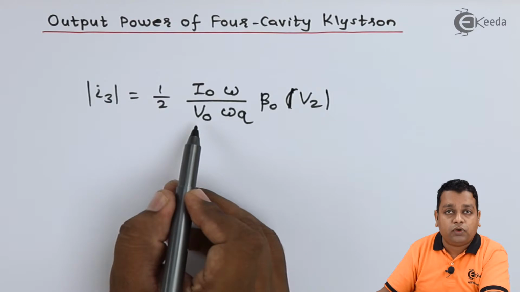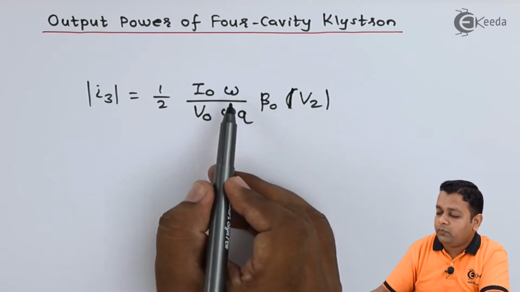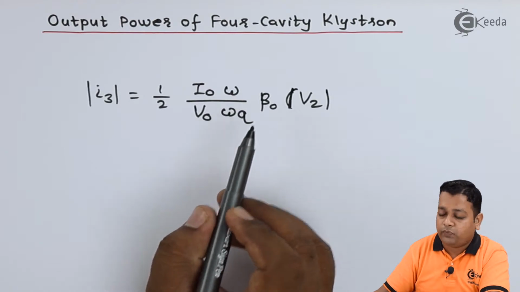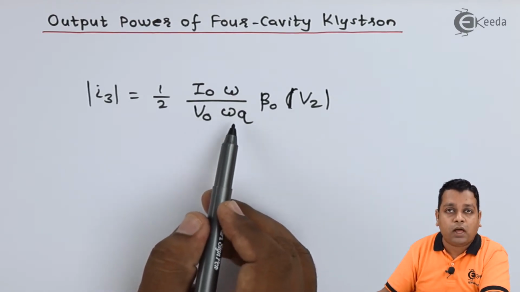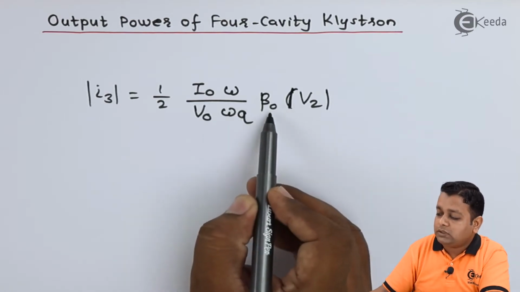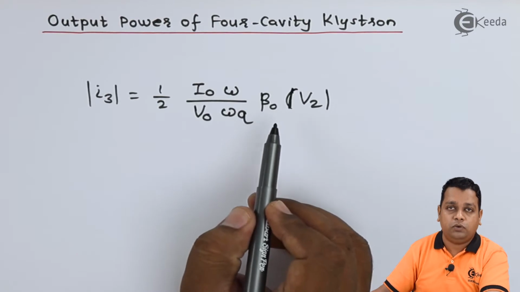this is the DC electron beam current. V0 is the DC potential applied between cathode and the collector. Omega is the angular frequency. Omega q is the reduced angular or plasma frequency. Beta 0 is the output beam coupling coefficient.